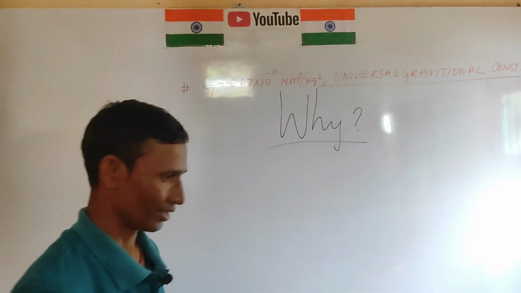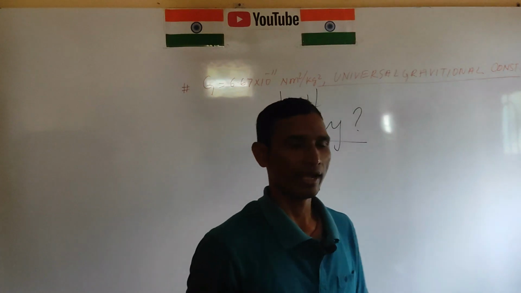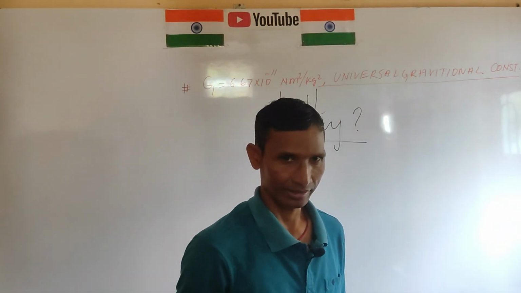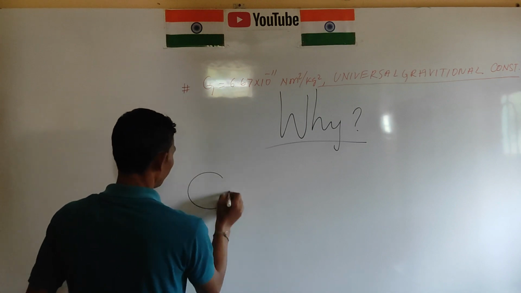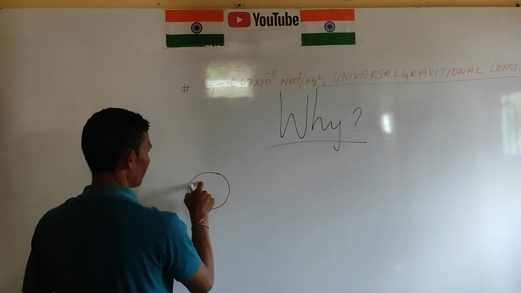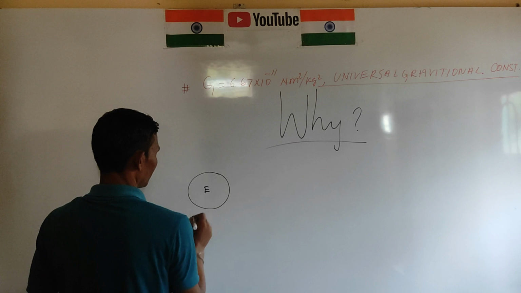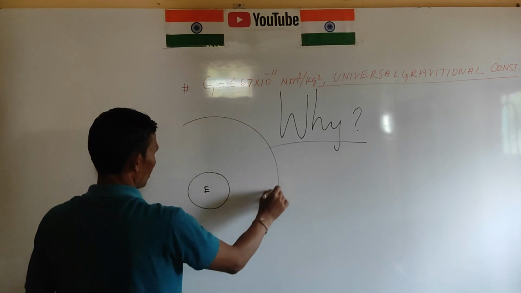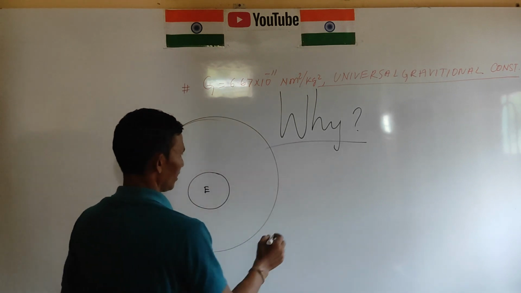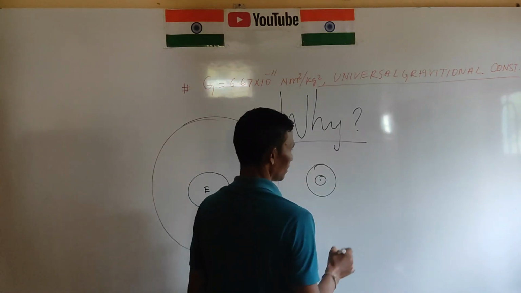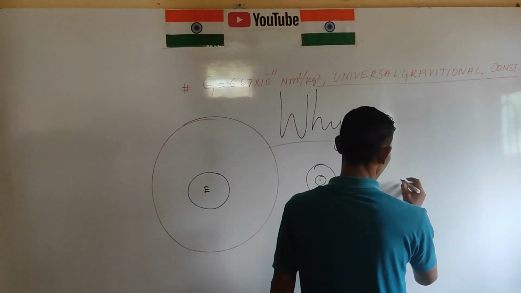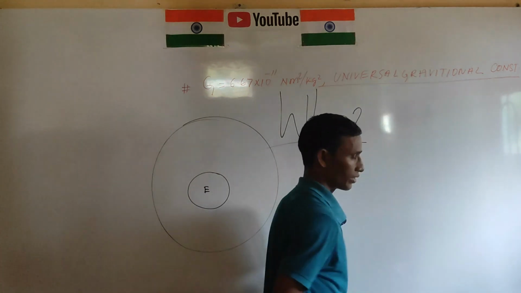We know that on our planet, suppose we are here on Earth, there is a gravitational field. Here the moon also has a gravitational field. Here is Mars. Here is the universal gravitational field.